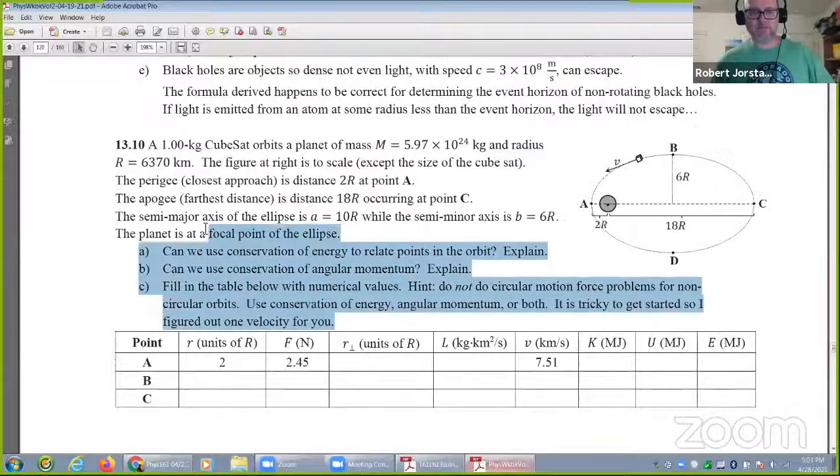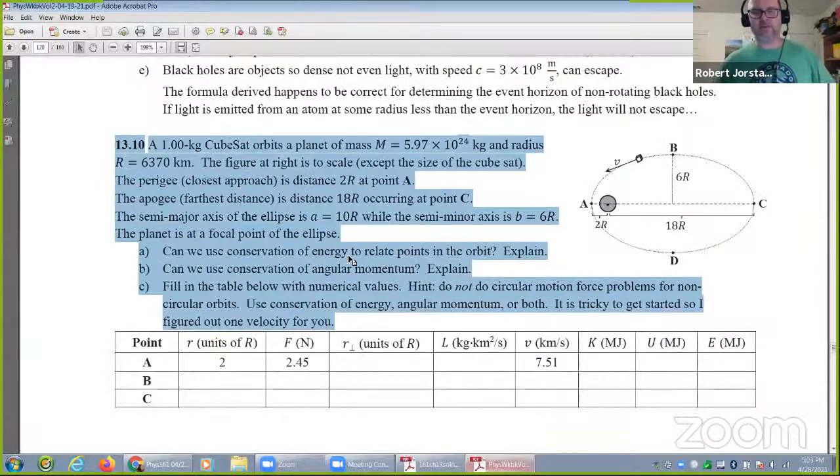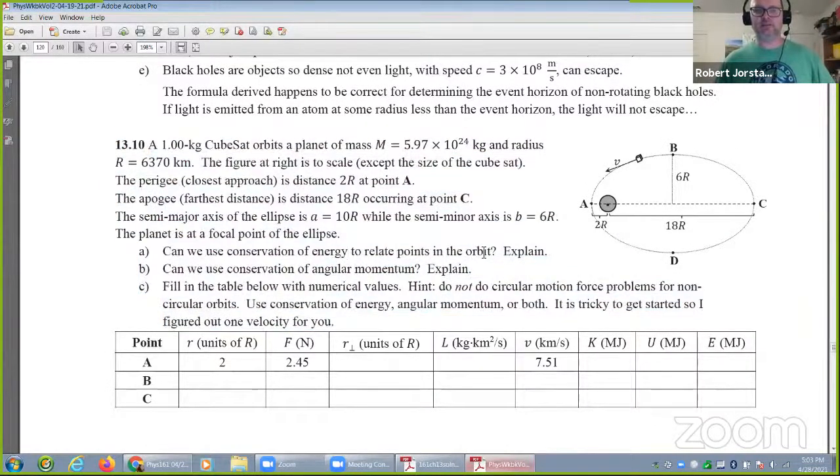This particular problem, I went through it and did it for you. I think it's good because you could see conservation of energy and conservation of angular momentum for an elliptical orbit. So you could go ahead and check that out if you want. Those of you, if you have old editions, double check the numbers in your book for 13.10, okay? Just look and make sure.